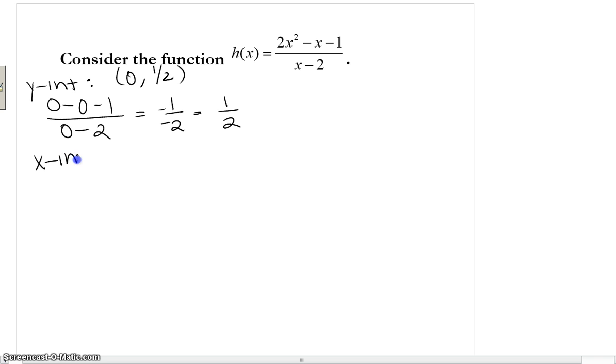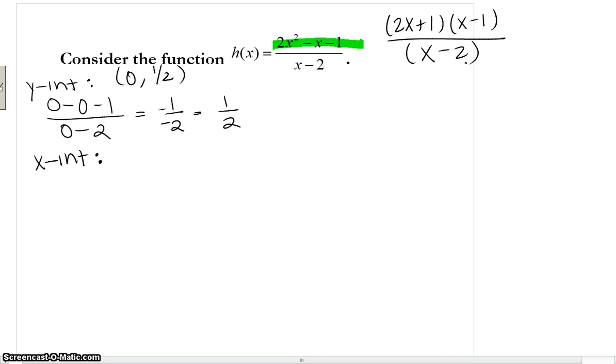And our x-intercepts come from our numerator, so we want to factor this out. Pause the video here, take a second. Okay, so we've got our numerator factored out, so our x-intercepts are going to be 2x + 1 is equal to 0, which is 2x is equal to negative 1, so x is equal to negative 1/2.